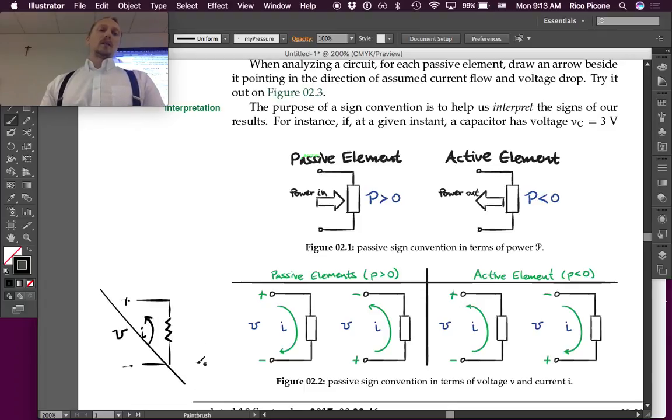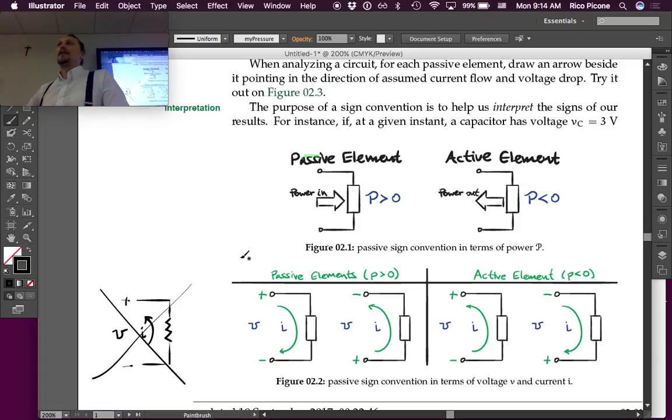This is no. We can't do that. We can't do that and be consistent with our sign convention. We could do it. It's just that we would have to redefine our sign convention. So we don't want to. Stay in the box in this case. Don't think outside of it. Okay. So that's for a passive element.